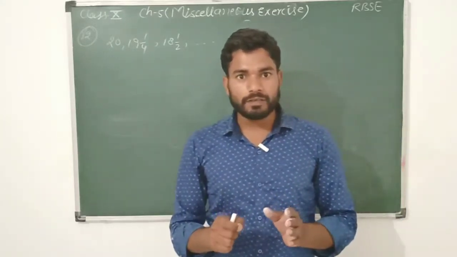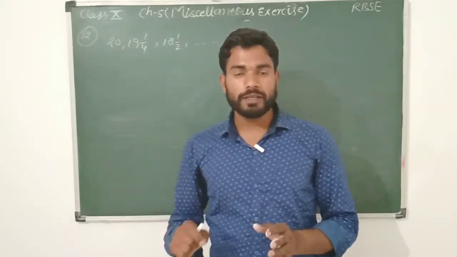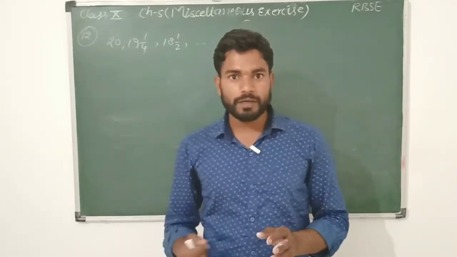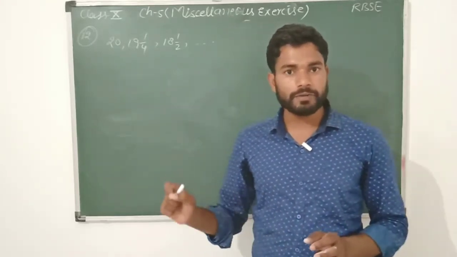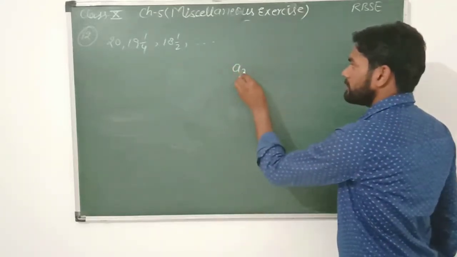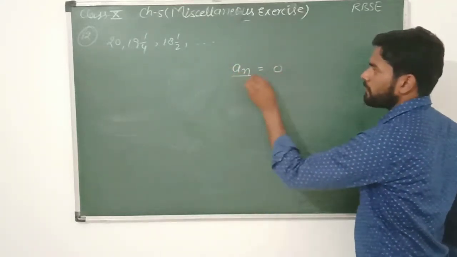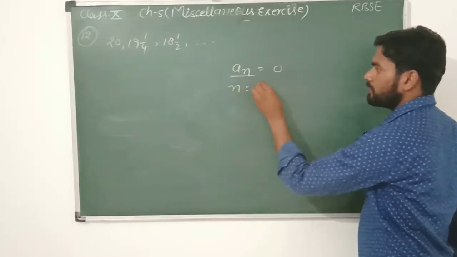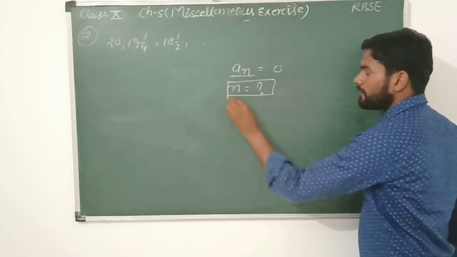consider that let the nth term be 0, then the next term is absolutely a negative term. So let's suppose nth term will be 0, and from here you will calculate the value of n.